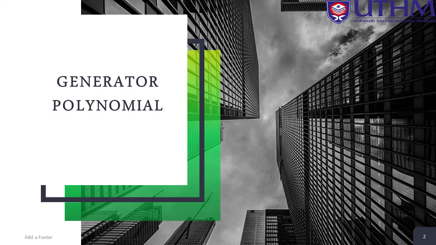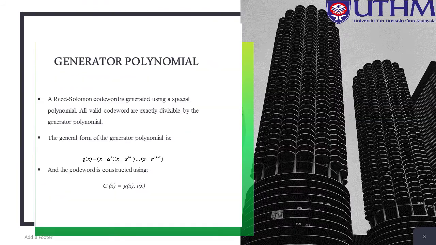Generator polynomial: a Reed-Solomon codeword is generated using a special polynomial. All valid codewords are exactly divisible by the generator polynomial. The general form of the generator polynomial is shown on the slide, and the codeword is constructed using c(x) equal to g(x) multiplied by i(x).